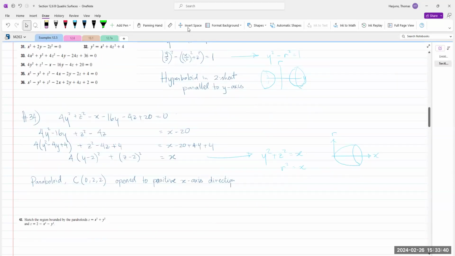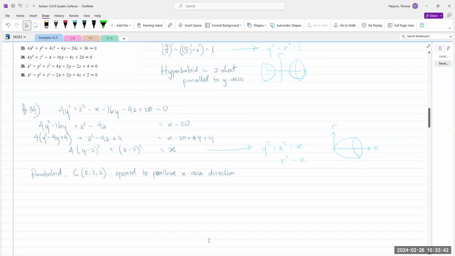Okay, can we imagine that? Let's try. So if we have these coordinates here, the center is (0, 2, 2). This is the center, the vertex, and then it is a paraboloid which opens in the x direction only by half.